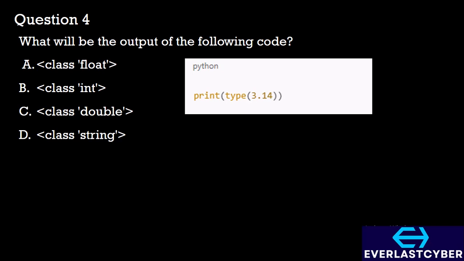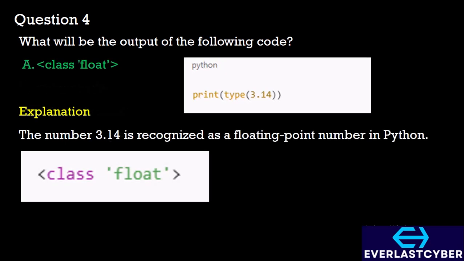So the function type() is used to determine the type of a given object in Python. 3.14 is a decimal number which Python recognizes as a floating point number. Therefore, the type of 3.14 is class float. So we'll be going with option A.